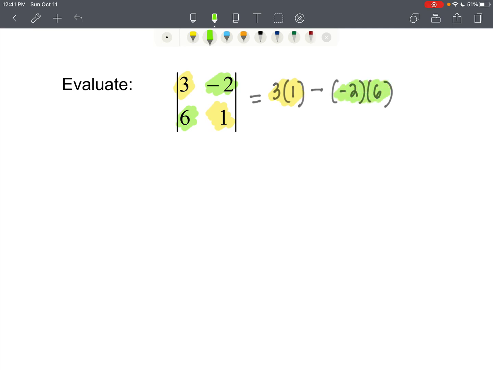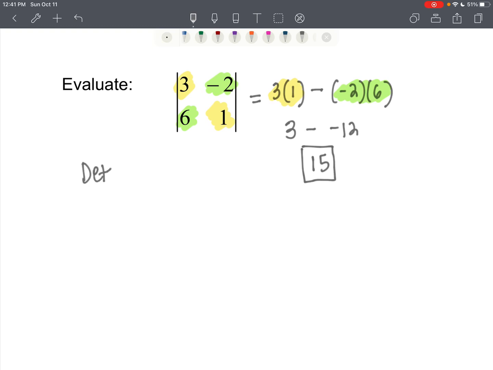And when you subtract a negative, it's addition. So we end up with 3 minus negative 12, which would be 15. So the value of that determinant is 15.